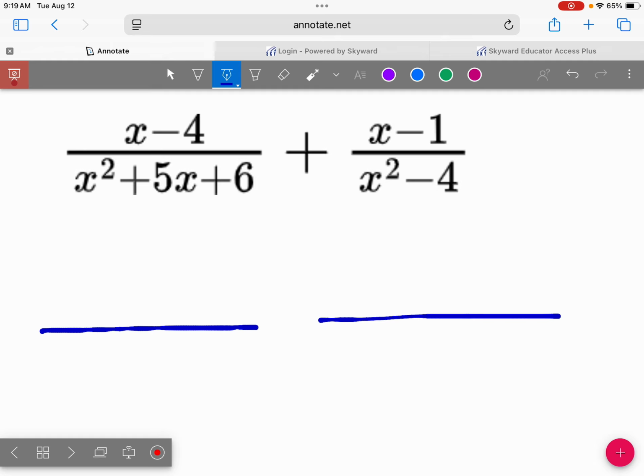All right, so we're gonna come through and we're gonna factor everything so that we can figure out what we need to do to our denominators to get common denominators. So our first step needs to be to figure out what we're doing. So our numerator over here already is a factor, so I'm just going to put my x minus 4 down here. And then we need to factor this guy.